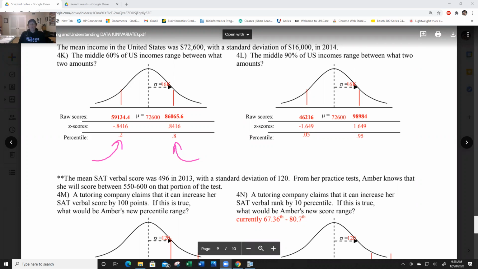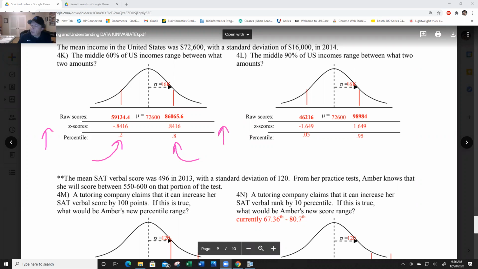Now I need to get the z-scores. I'm going up, doing the inverse like I've been talking about. So I'm going to get the two z-scores, which you see there are 0.84 and negative 0.84.